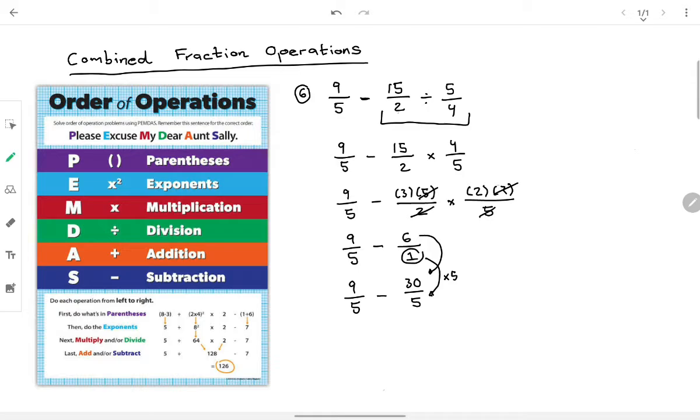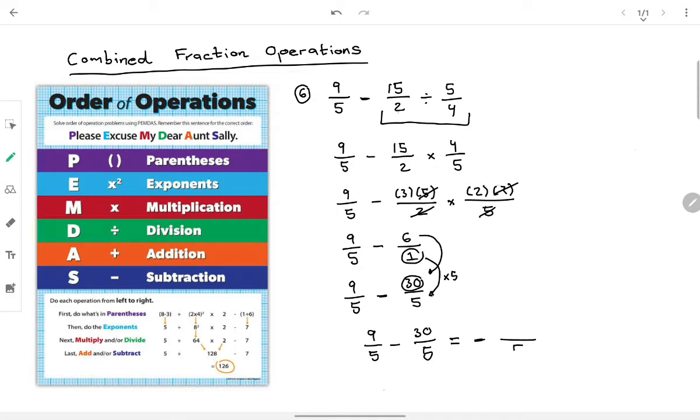30. So in this case, the negative number is bigger than the positive number, so we will get a negative answer.